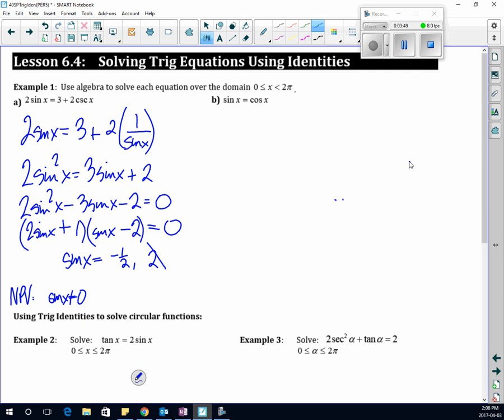So that means x cannot equal what? If sine x can't equal 0, what does x cannot equal? Where is sine 0? 0, pi, 2 pi. Okay, so obviously that might not come into play. We probably didn't even have to do that part after that because we knew that none of these equaled 0.